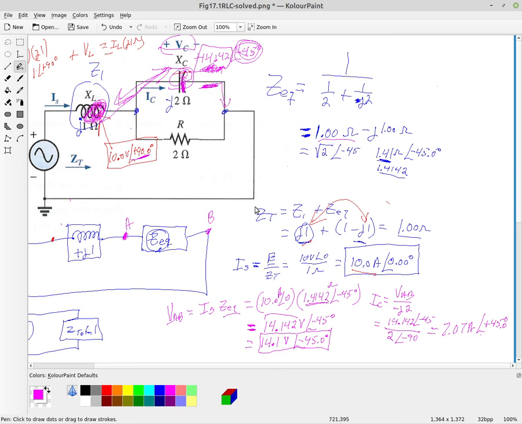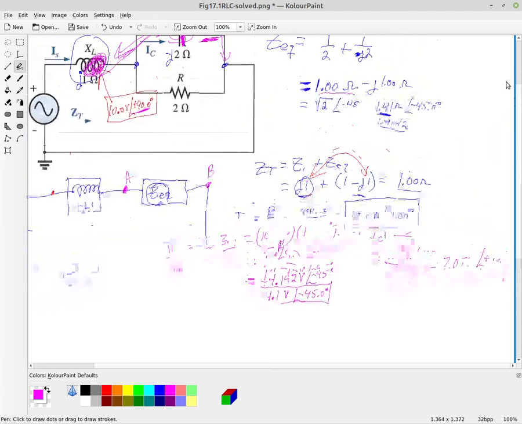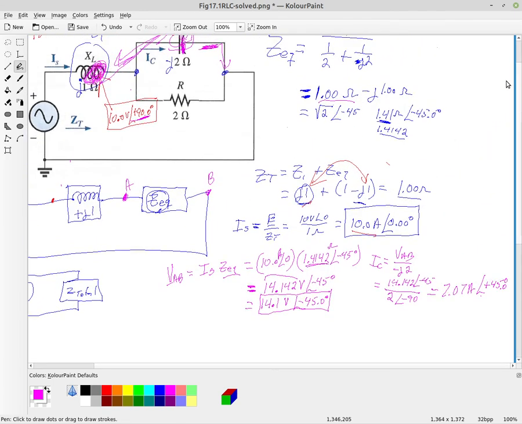Okay, but the current through the resistance, we're going to have to calculate because it's different. The voltage across the resistor is the same as the voltage across the capacitor because those are in parallel, but the current through the resistor, we have to calculate.